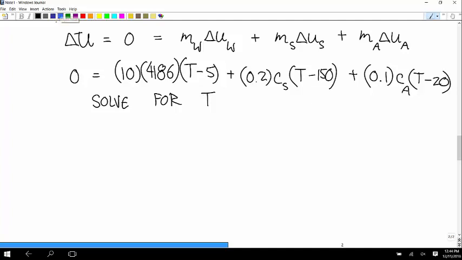I think this is about 400 or 490. Do you have one for aluminum too? Is it 900?